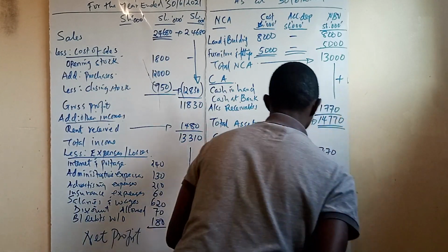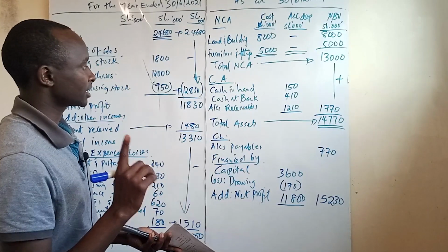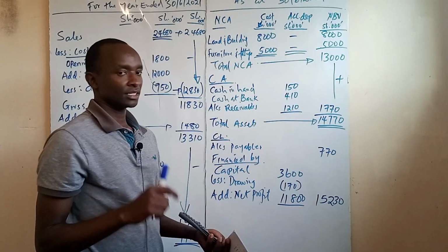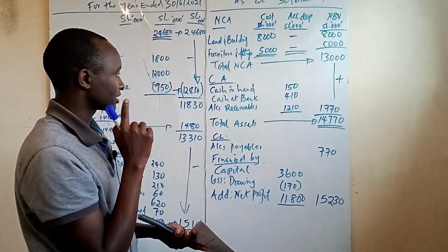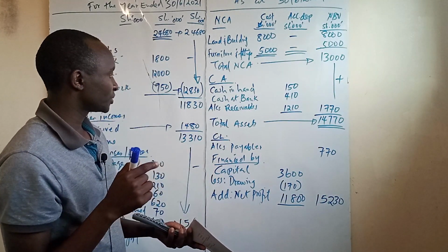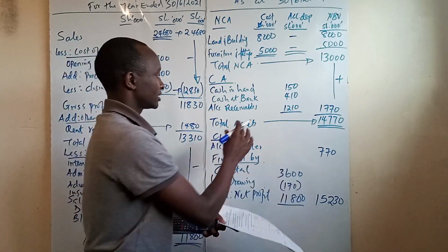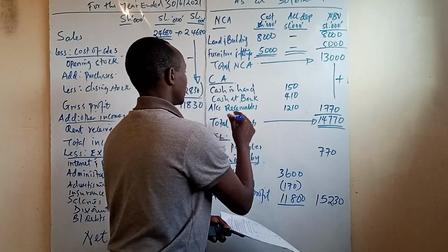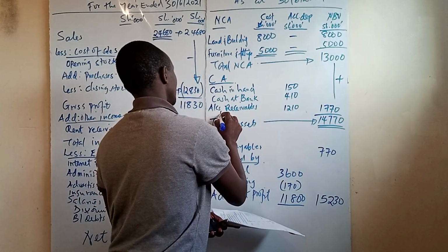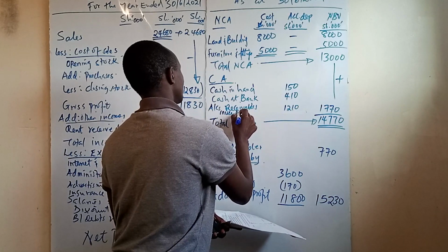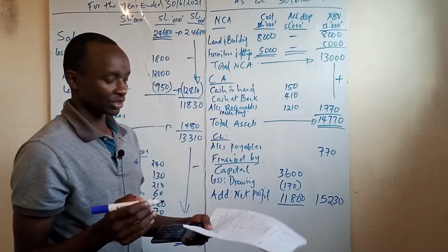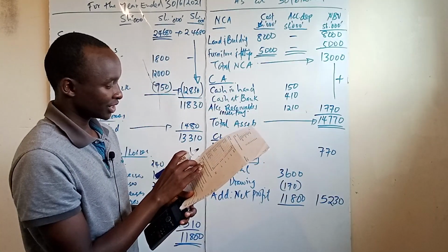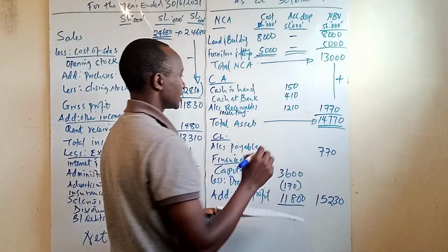But ladies and gentlemen, there's something I did not add in assets. One very important thing that normally people forget is the stock. So we have the inventory. Inventory is part of stock, but the inventory we are going to show is the closing inventory of 950.